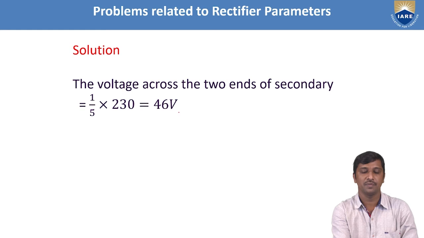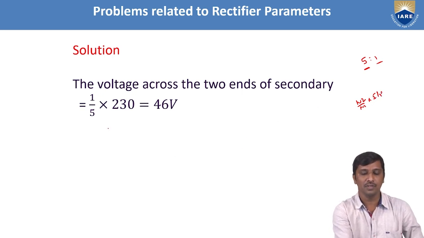So to observe that one, the voltage across the ends of the secondary winding. They have given a 5:1 ratio, which means the primary winding turns are 5 and the secondary winding turns are 1. The ratio N2 by N1 times your input voltage gives the voltage across the secondary.